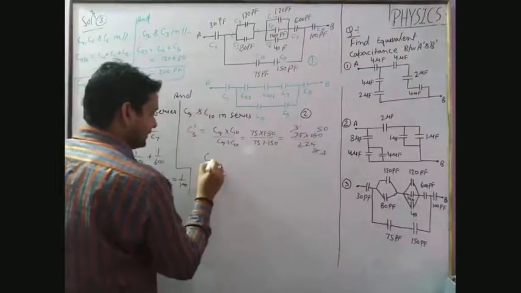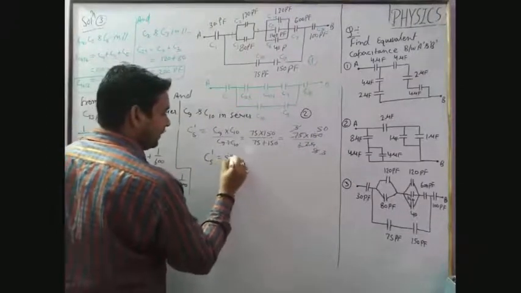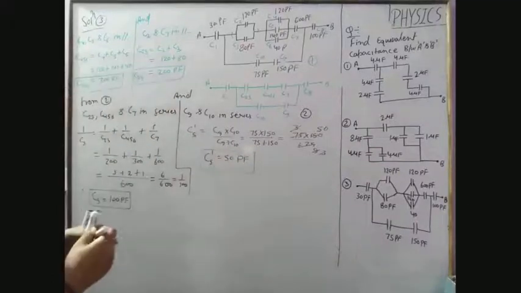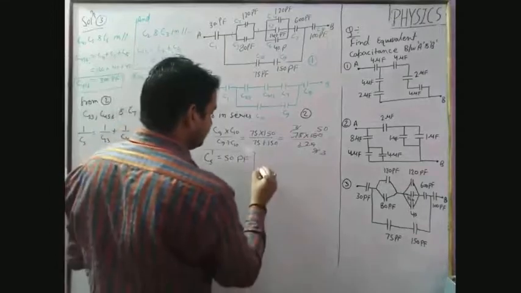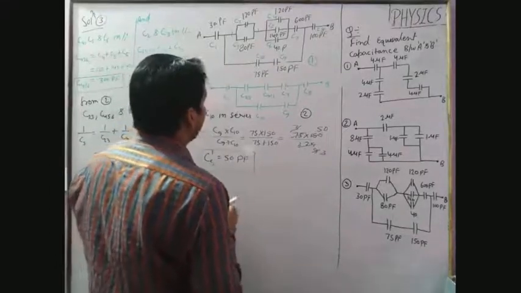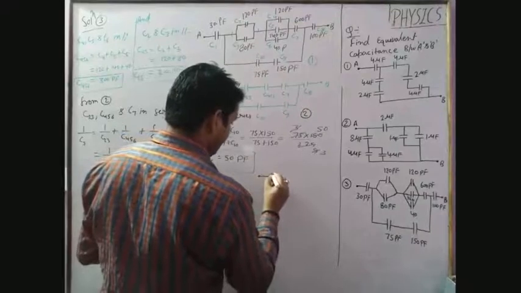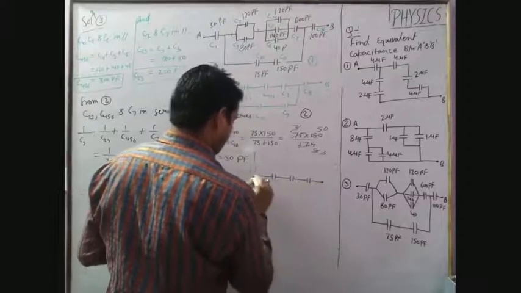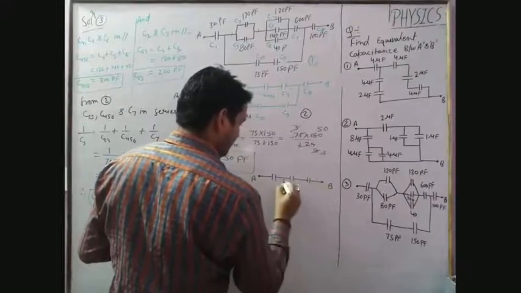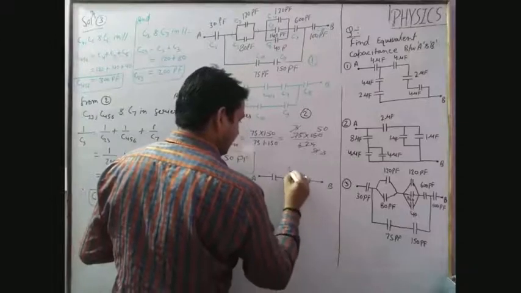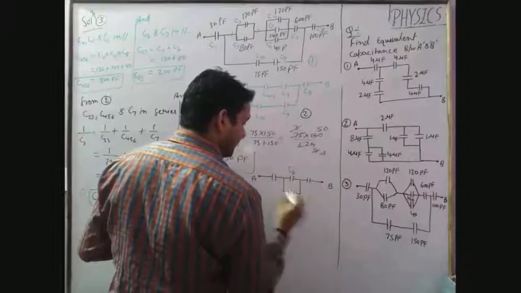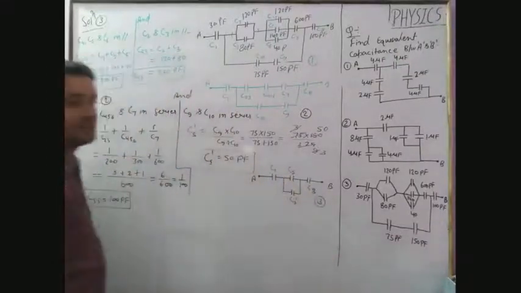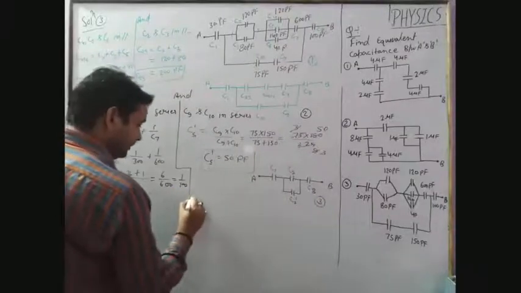So you will calculate as CS dash is equal to 50 picofarad. Okay, now this circuit is reduced to CS and CS dash. This is C1 and this is C8. This is third situation.